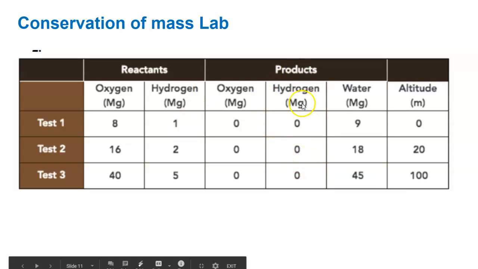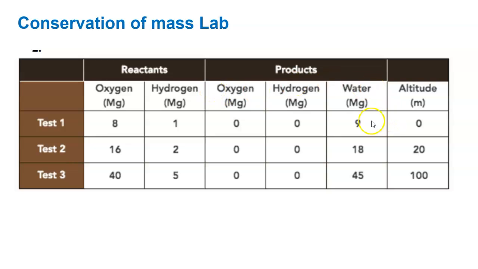This was the results from your lab right after you did test 1, 2, and 3. And I just want to point out, again, back to the Khan Academy video, you have oxygen and hydrogen, just like the reaction before. And the product is water, right? We began here with 8 grams of oxygen and 1 gram of hydrogen.